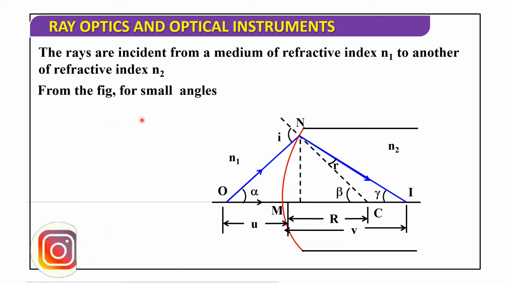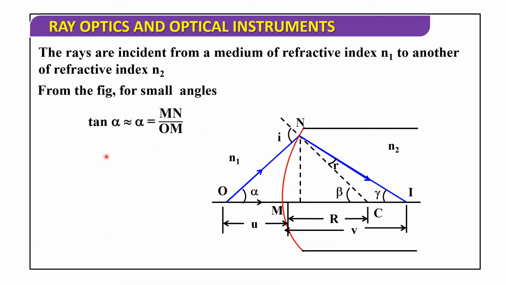From the figure, for small angles, tan alpha is approximately equal to alpha, that is equal to MN by OM. Here the object is making an angle alpha with the principal axis.